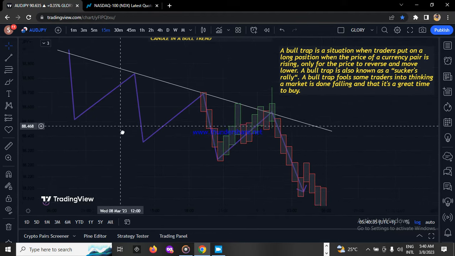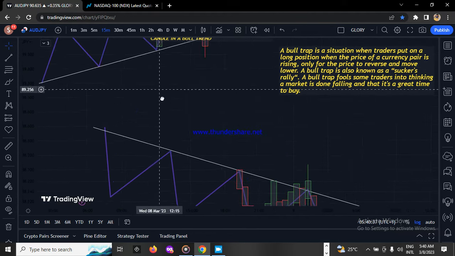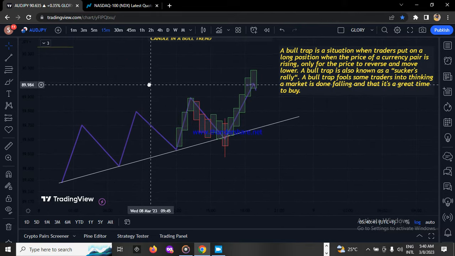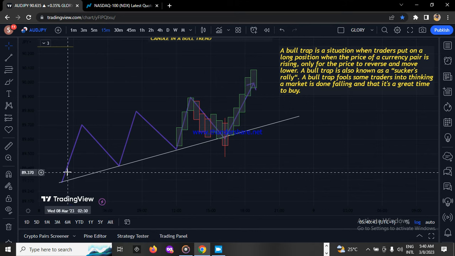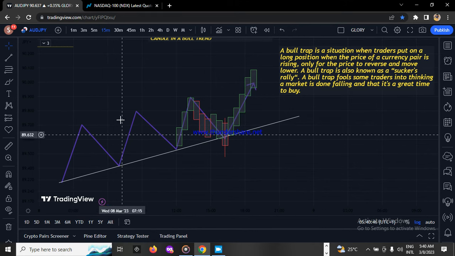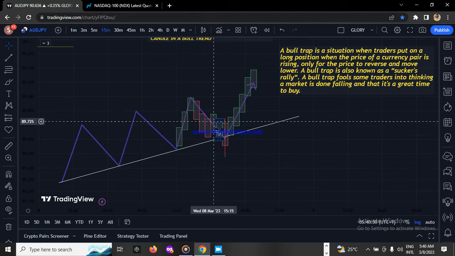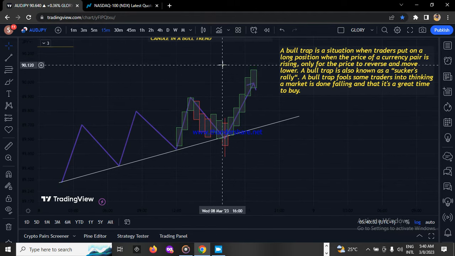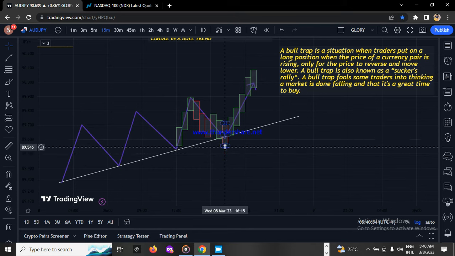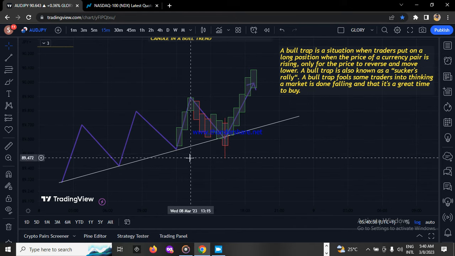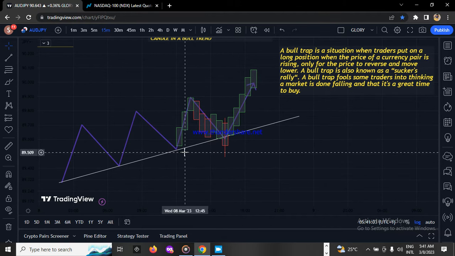Let's check a bull trend example. You can see the market pushed up, pulled back, pushed up again, pulled back, pushed up, pulled back. You can see this bear candle, how it broke this low, fooling traders as if the uptrend is over.